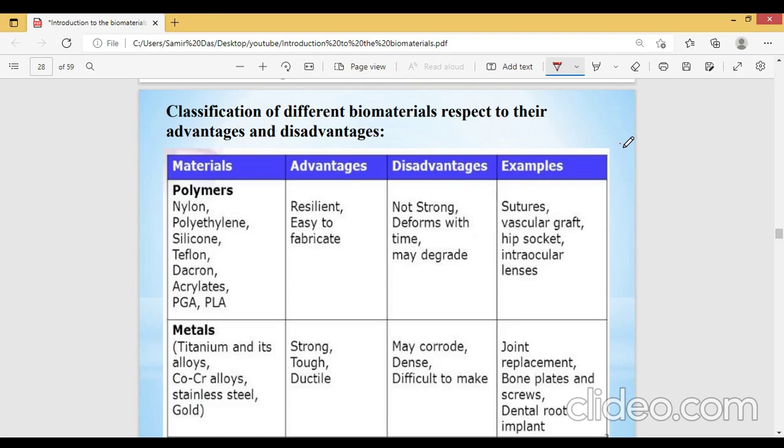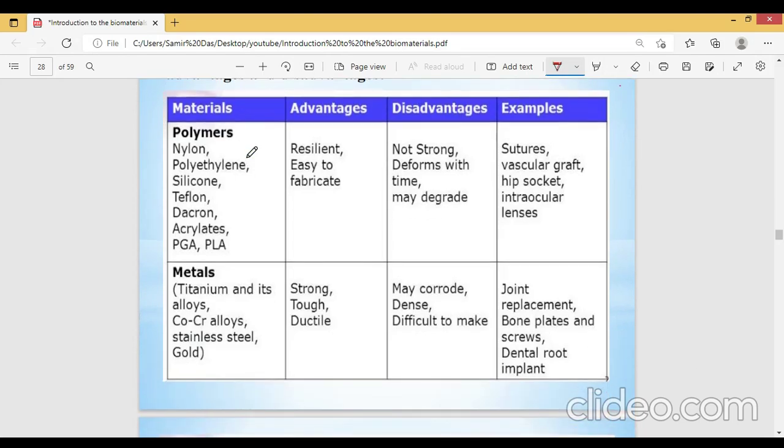Basically, if we go through the classification of biomaterials based on their advantages and disadvantages in tabular form, that is mentioned here. I am making that chart in a brief way so that it will be much more understandable for others also.